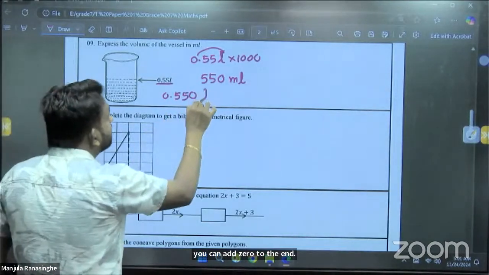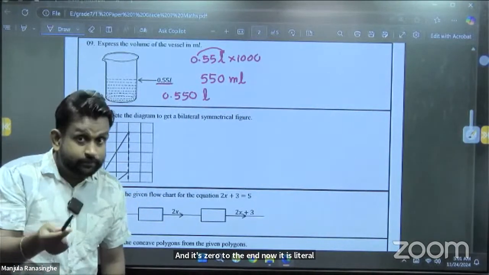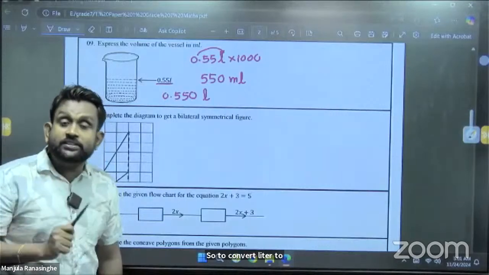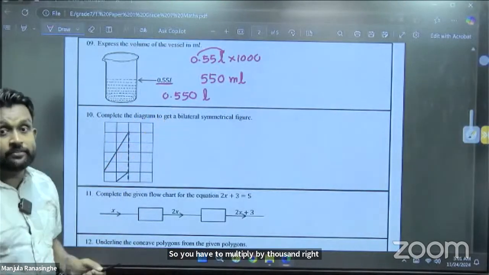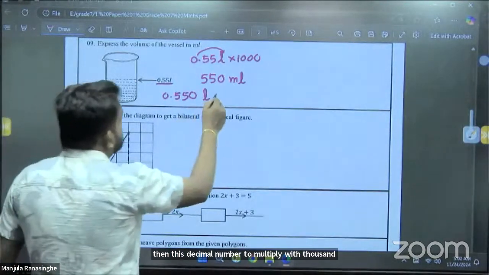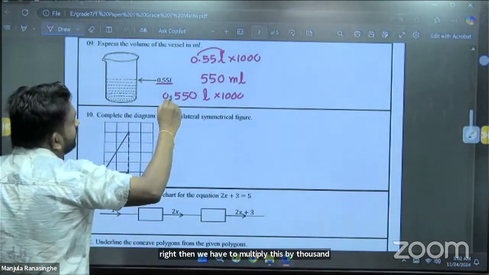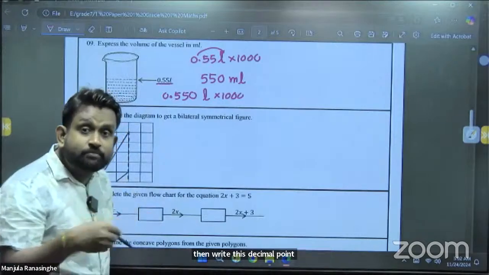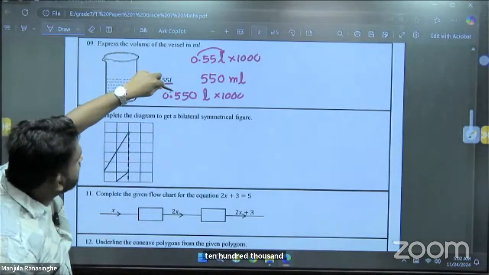Now it is in liters. To convert liters to milliliters, you have to multiply by 1000. When multiplying a decimal by 10, 100, or 1000, the decimal point goes to the right side.